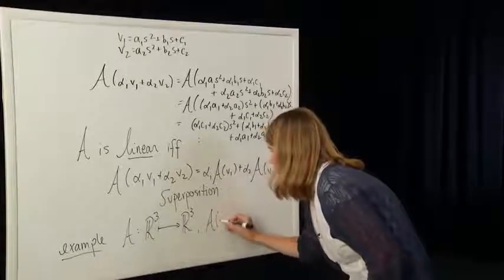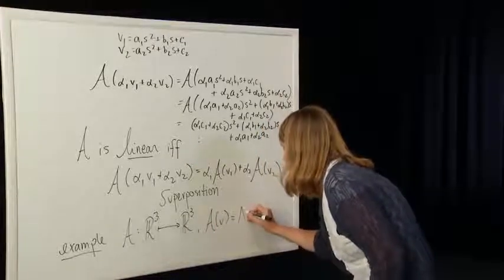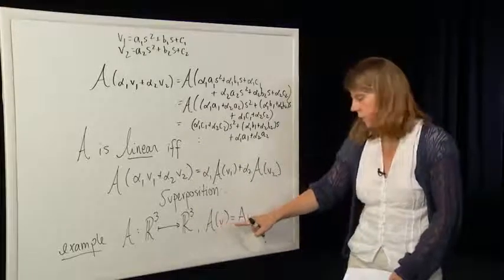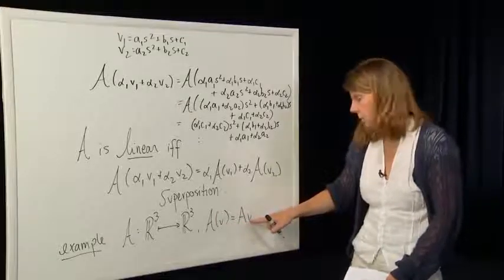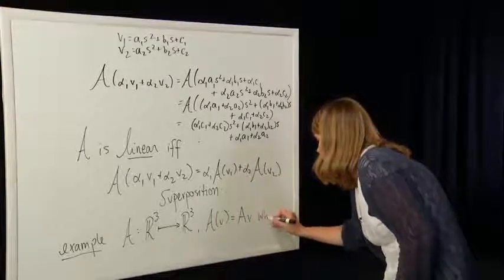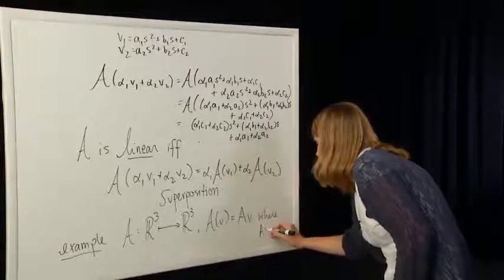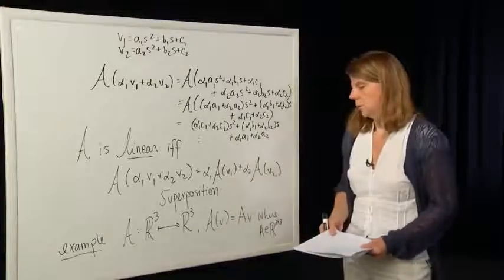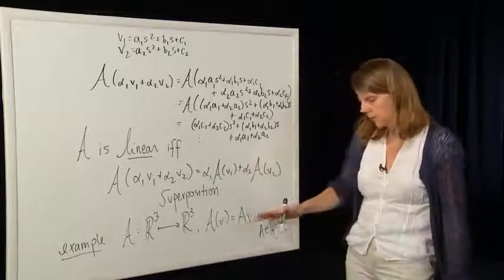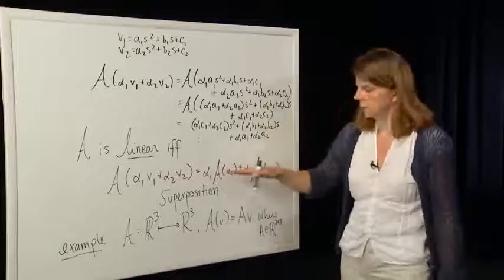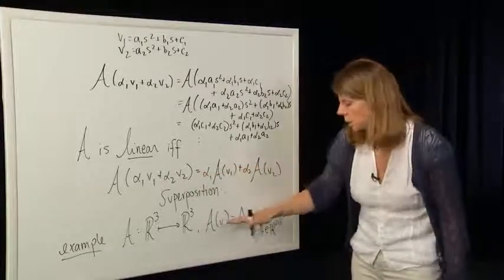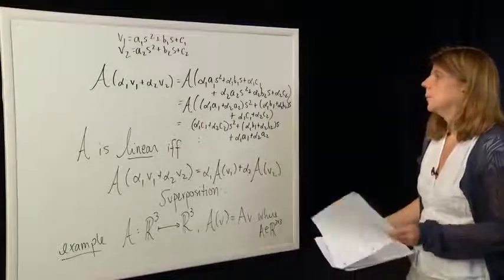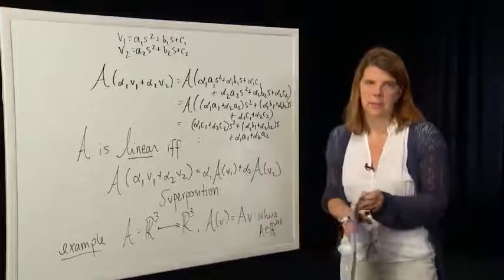So A of V is actually defined as a matrix A times the element V. So again, this is our operator notation, and this is matrix multiplication, where A is a 3x3 matrix. So I'm going to write that as R 3x3. And so the question is, is that a linear map? And it's fairly easy using this same principle of superposition to show that indeed that is a linear map as well. So that's the definition of linearity and some examples.